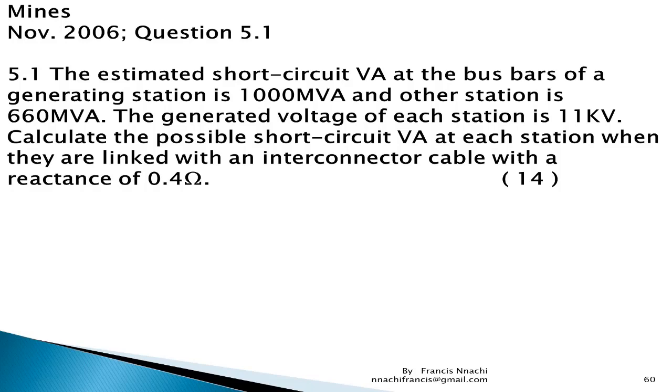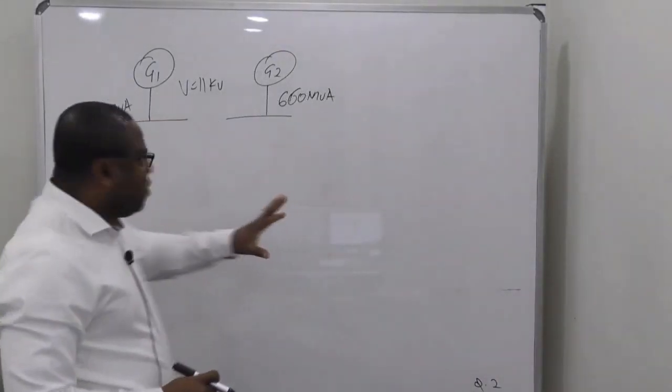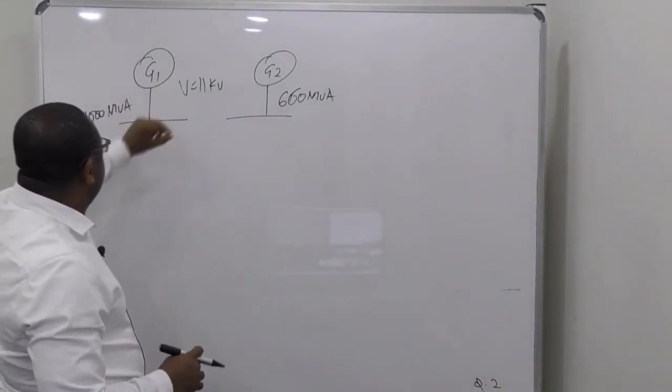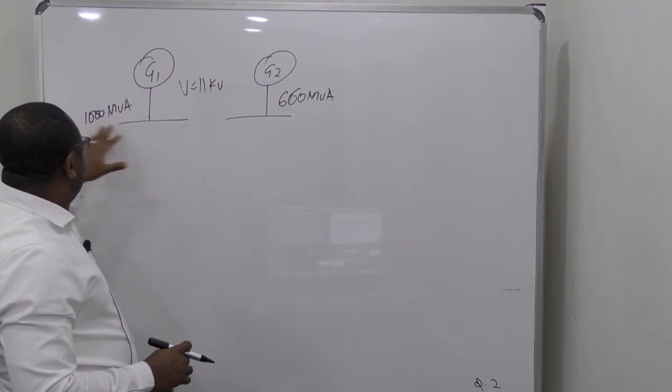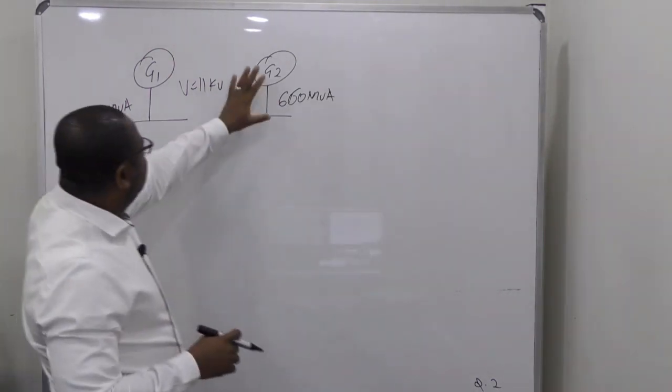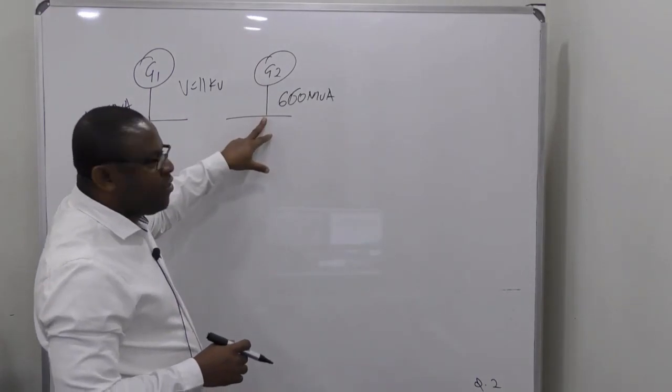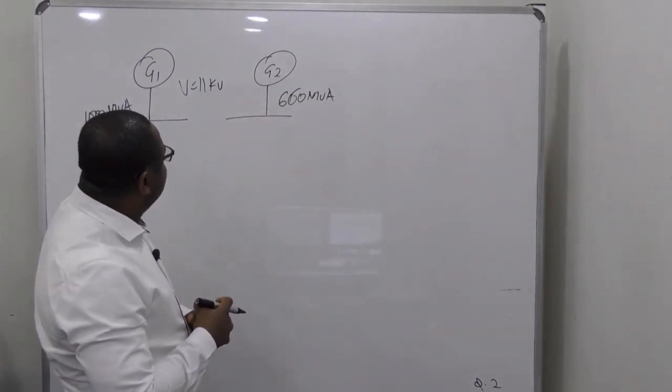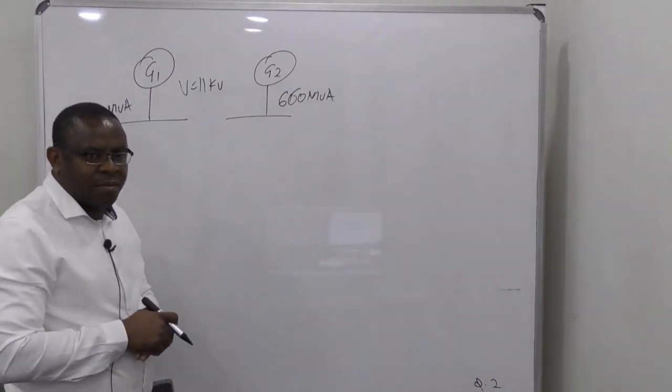All right, so now we'll have this. If you get a fault level at this point, you get about 1000 MVA. And this gen station also, if you get a fault level at this point, you get about 660 MVA.